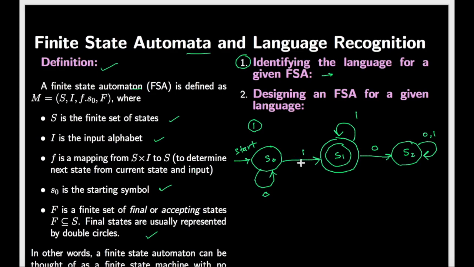First of all, it can accept just 1, because we can start with S0, take just 1 and end up at the ending state. Then that ending state S1 has a self loop to itself with an input of 1, which means I can have any number of 1s: 1 1 1 1 1 1 and so on.